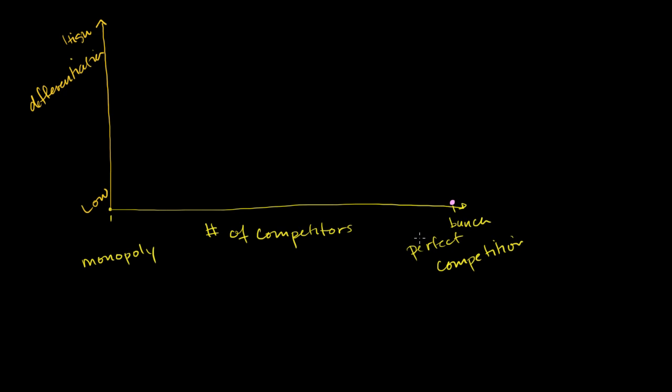So that's about as perfect competition can get in the real world. So a bunch of identical screw manufacturers. I'm not sure if the actual screw market has a bunch of competitors, but let's just assume if it did, then you would be sitting right over here, pretty close in the world of perfect competition.